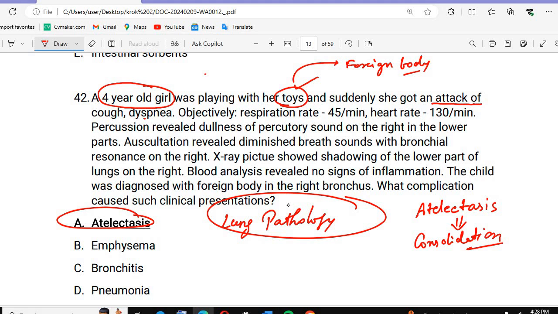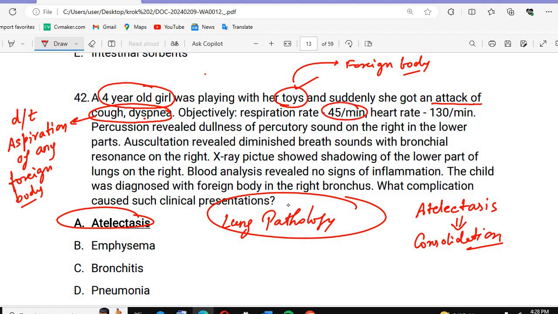The attack of cough or dyspnea is due to aspiration of the foreign body. That causes the cough and dyspnea in this baby.